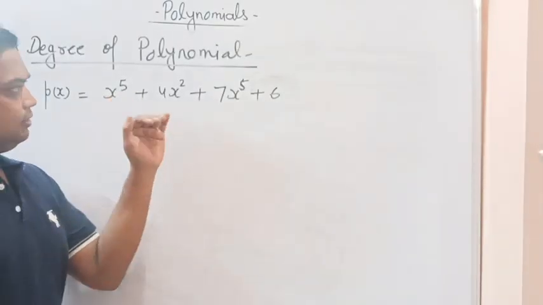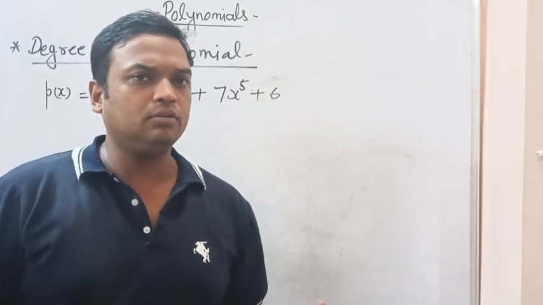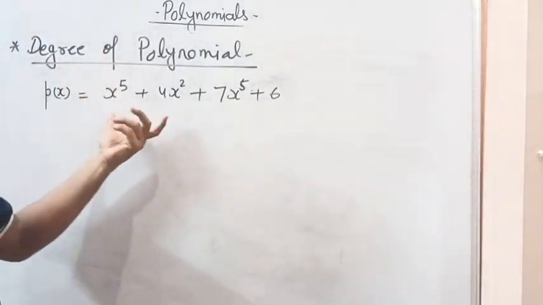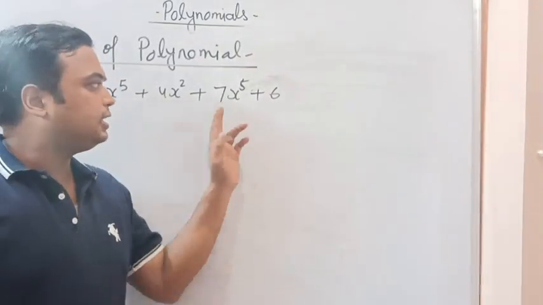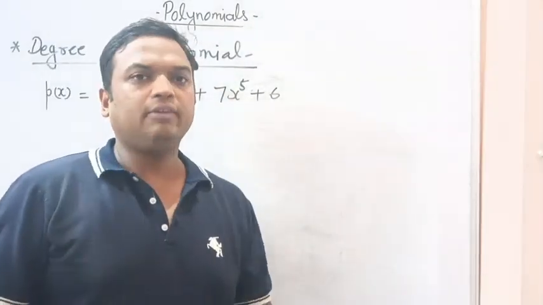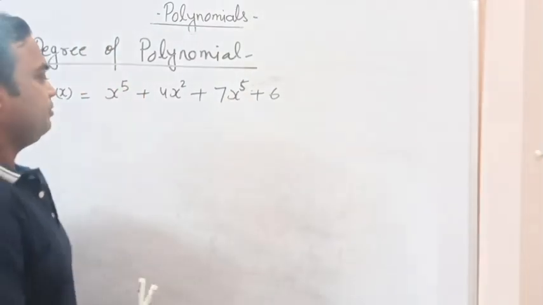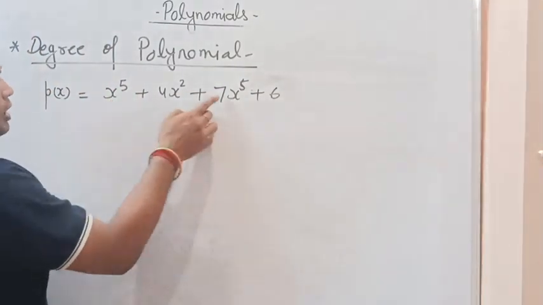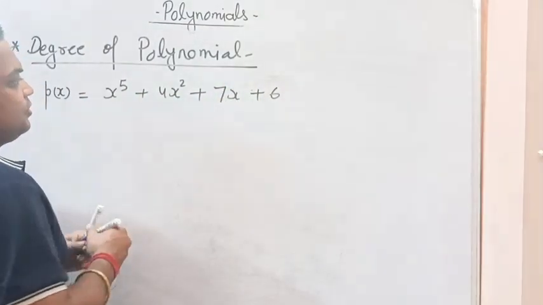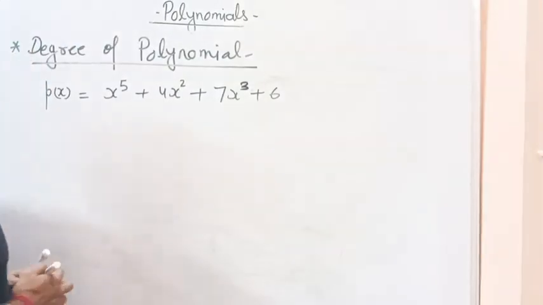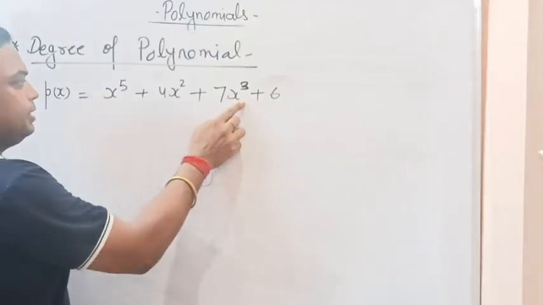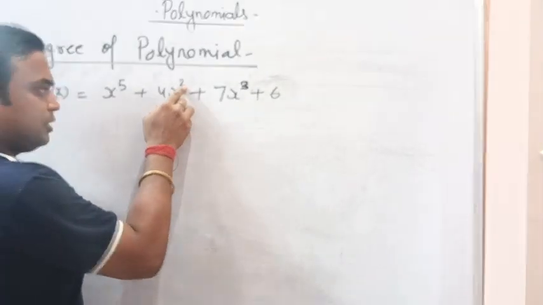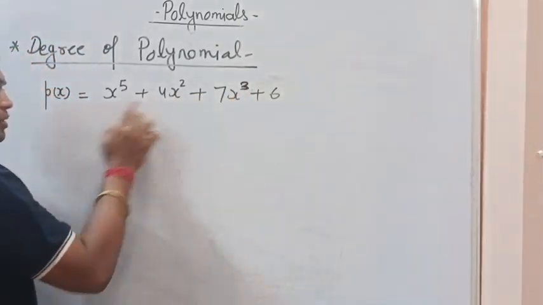If you want to find out the degree of the polynomial, then we will see the power of the variable, the highest power of the variable. Okay, so x is a variable, here power is 5, here power is 2, here power is 3.